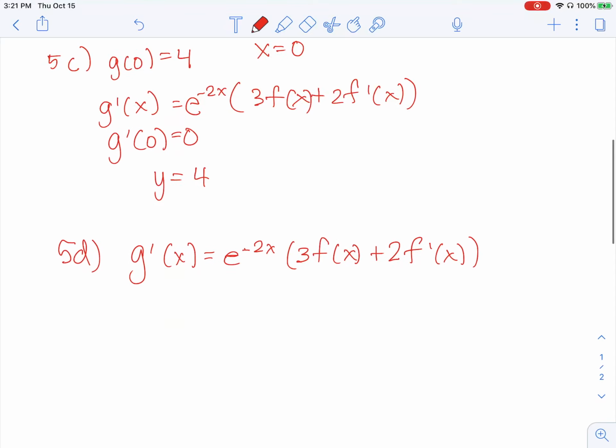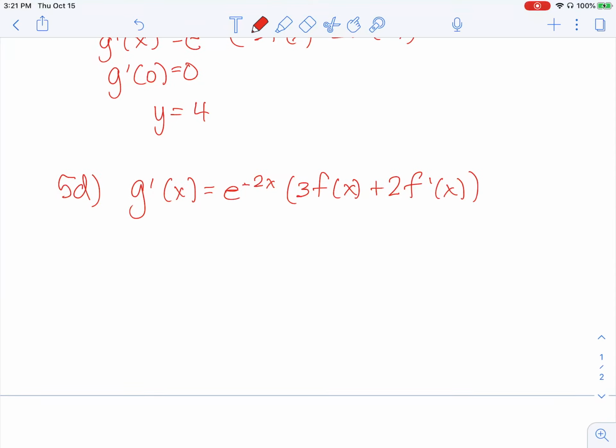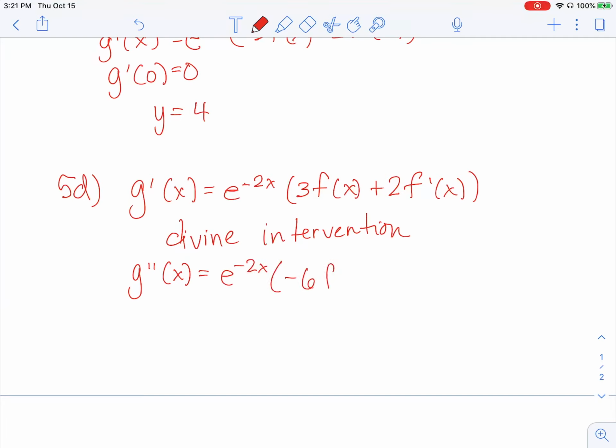When they say show, that does not mean that there was divine intervention, right? You're like, of course, we've got some help on the other side, and then you say that g double prime of x is equal to e to the -2x times -6f of x minus f prime of x plus 2f double prime of x. Yeah, that's not going to happen.